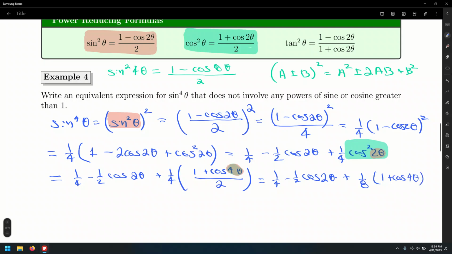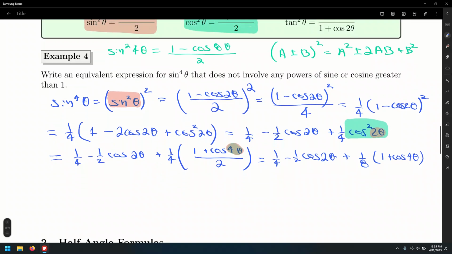That way we can just easily distribute a 1/8 instead of distributing a 1/4 over a 1/2 and another 1/2. All right, let's go for it. That's 1/4 minus 1/2 cosine 2 theta plus 1/8. So the 1/8 times 1 is just 1/8, and the 1/8 multiplying the cosine 4 theta is 1/8 cosine 4 theta.